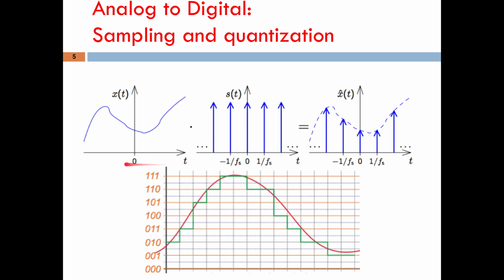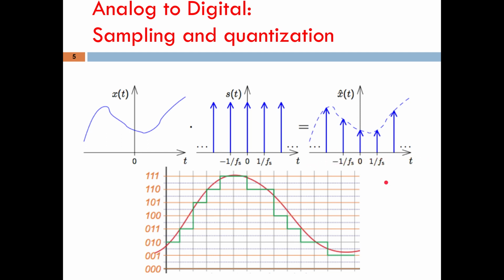Now this here is a continuous time signal, and here we have an impulse train of a certain frequency. Now when we multiply the input signal with the impulse train, we have finite entities over here, as you can see. So we are just getting the points in certain intervals. Now this makes it discrete.